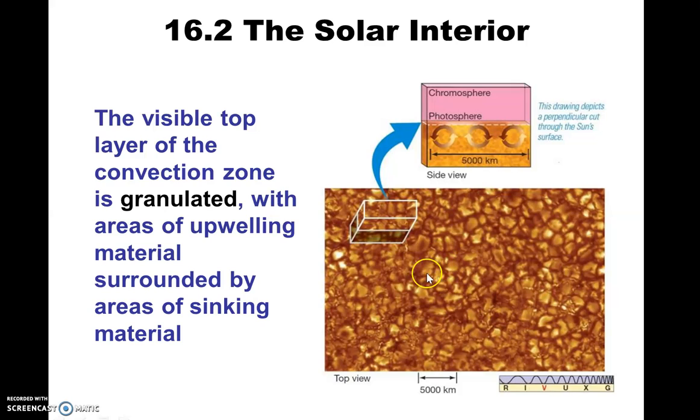This is actually looking in really fine detail at the surface of the sun. These are sometimes called granulations. You can see they're like little tiny cells, and a few of them here are about 5,000 kilometers across. So this is kind of a side view of 5,000 kilometers.